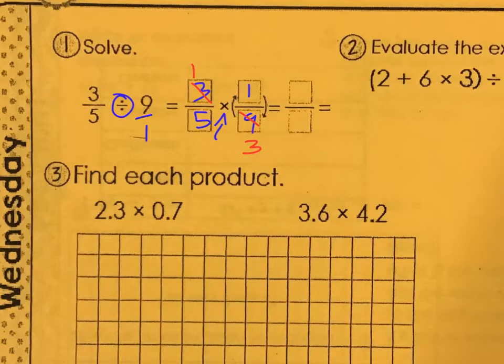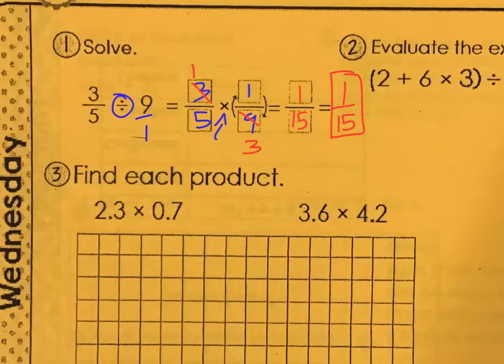So I'm going to go 5 times 3 is 15. And I'm going to go 1 times 1 is 1. So my answer is 1/15. Hopefully you're catching on to that keep it, change it, flip it, and you're able to divide your fractions.